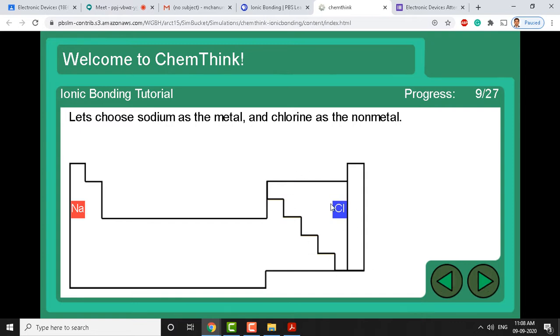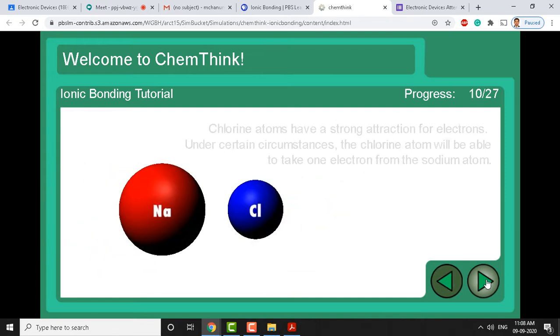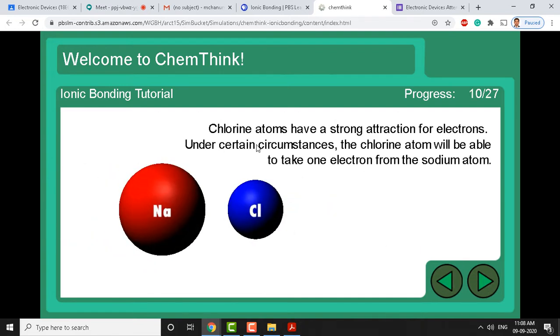These two elements form the ionic bond, since sodium loses an electron and becomes positive, and chlorine gains an electron and becomes a negative ion. This is what you have seen here. Chlorine atoms have a strong attraction for electrons. Under certain circumstances, the chlorine atom will be able to take one electron from the sodium atom.